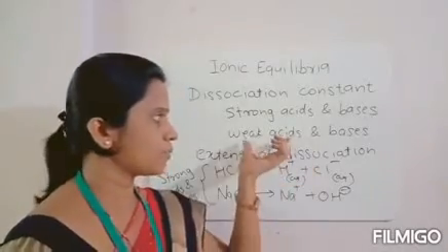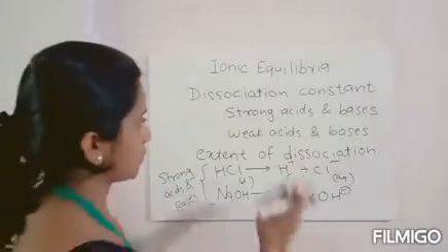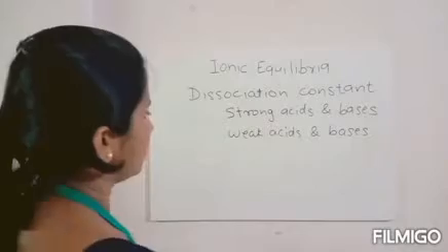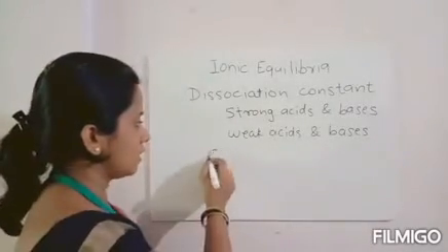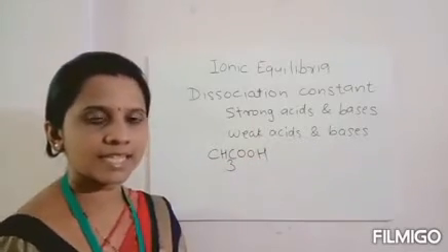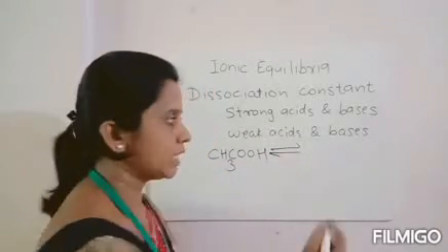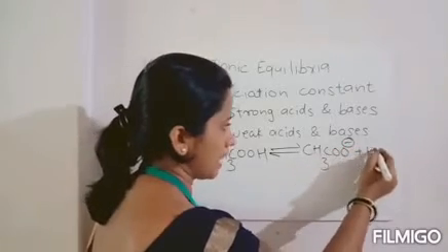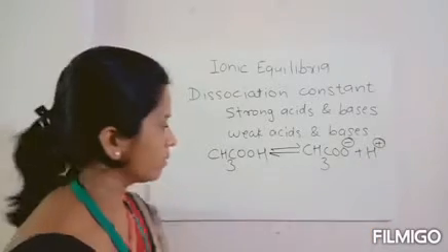Now the second type is weak acids and bases. For weak acids and bases, there is partial dissociation. That means if we take the example of acetic acid, that is CH3COOH, it will dissociate partially to give CH3COO minus and H plus, acetate ion and H plus ion.